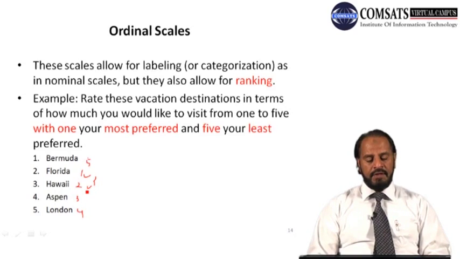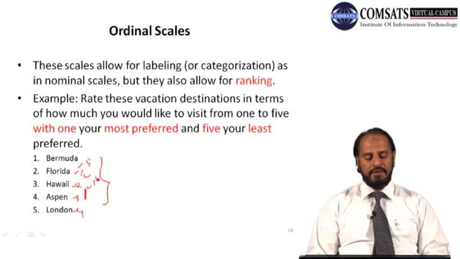Similarly, between 2 and 3, what is the gap? To what extent would you like to go to Hawaii and not go to Aspen? To what extent do you prefer Florida compared to Hawaii, Aspen, London or Bermuda? That information is not there.